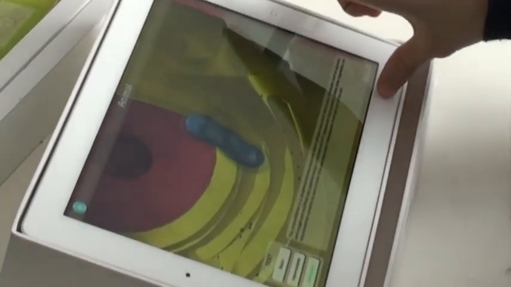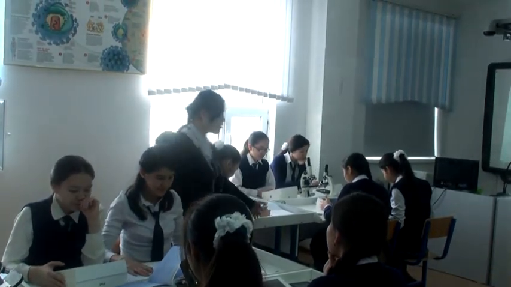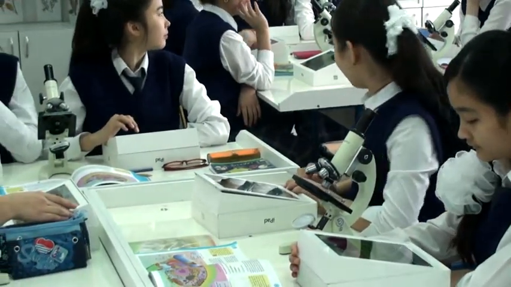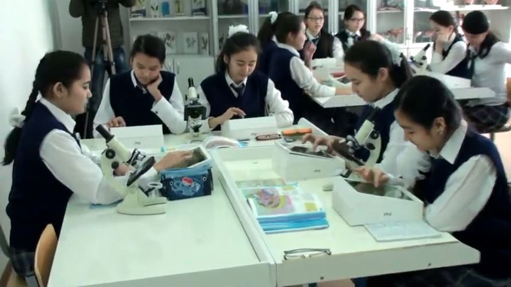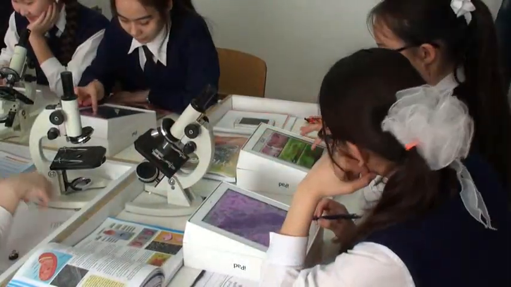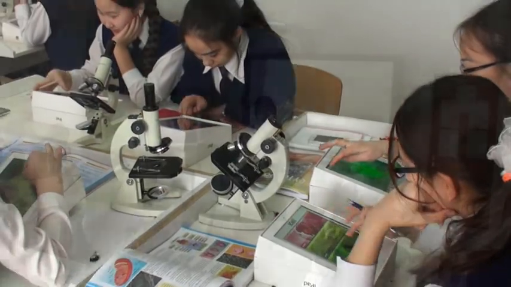Now, here you see 3 organisms, and we have 3 groups. Let me say that the first group will be animal cell, the second group will be bacterial cell, and the third will be the plant cell. I will give you sheets to write what kind of organelles are common with other cells.